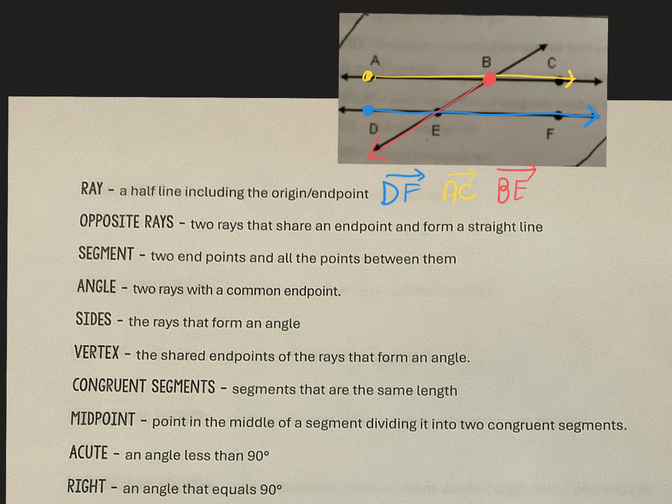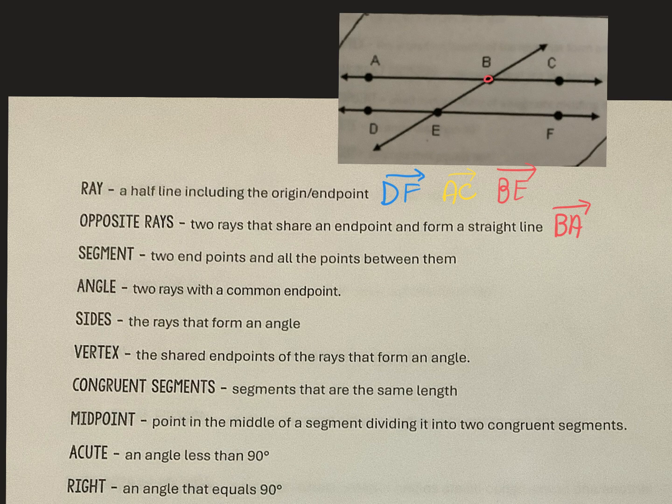Okay, so opposite rays are 2 rays that share an endpoint but form a straight line. So, let's erase what we have. Looking at that picture, what are 2 opposite rays we could name? BA.